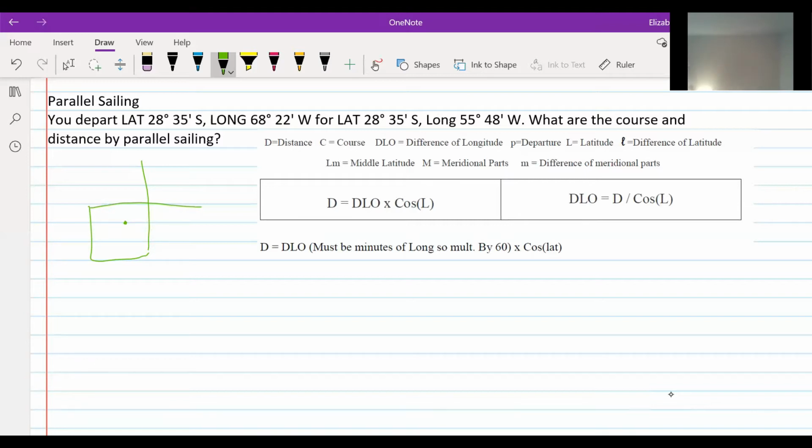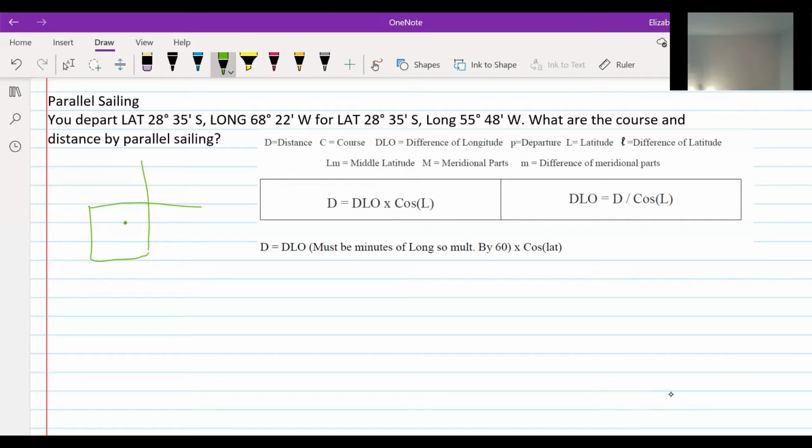And then for the second half of the problem, our latitude is the same. So we are still at 28 degrees, 35 minutes south, but our longitude has changed to 55 degrees, 48 minutes west. So we're still in the southwest hemisphere, so we're still in this box.